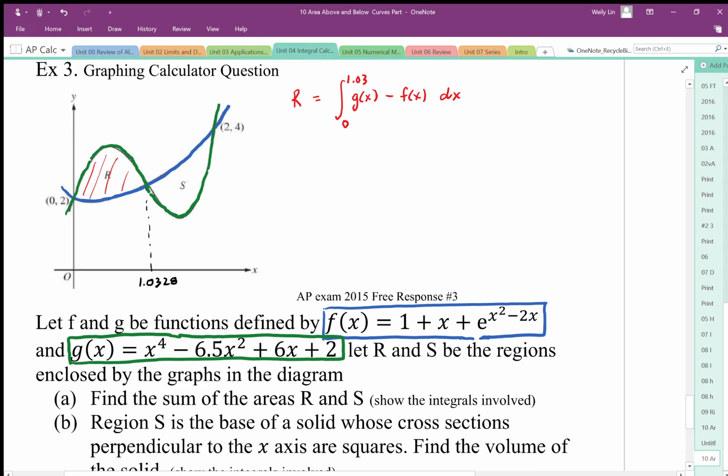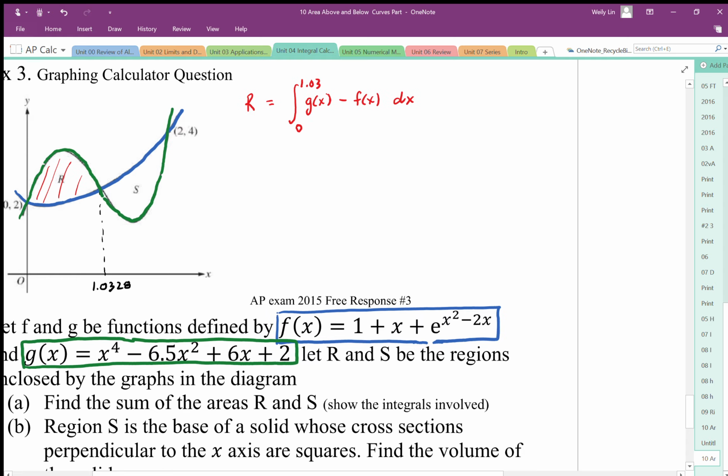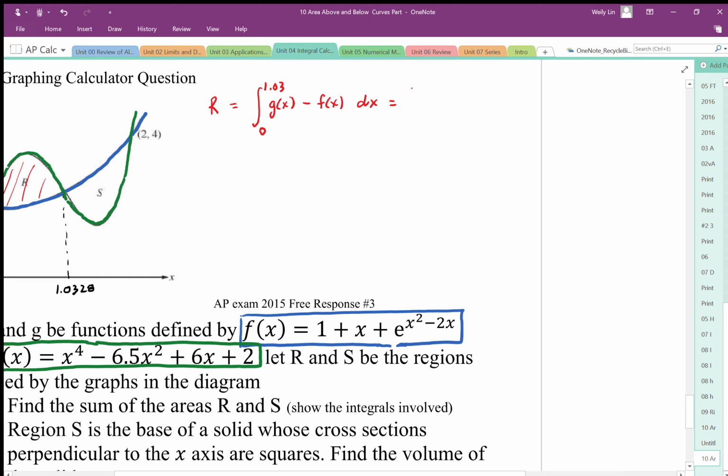Okay, now when I do this on my calculator, I'm going to shade the area underneath the g function from 0 to 1.0328, and then subtract the area under the f function from 0 to 1.0328. So when I do this, my calculations look like this. The area under g is 3.1137.